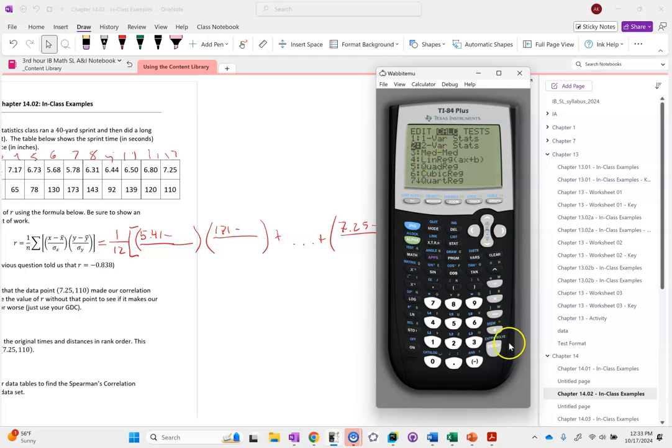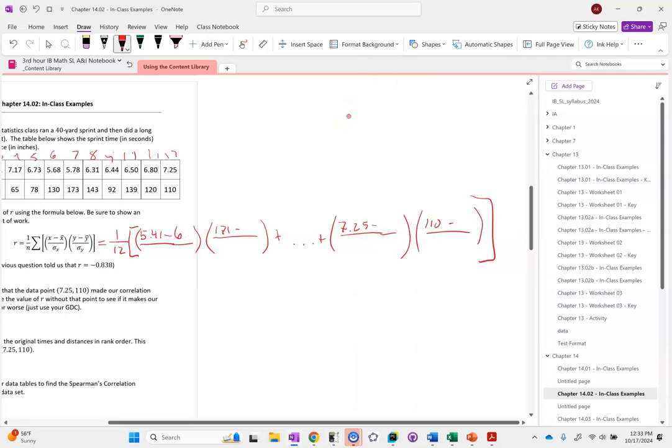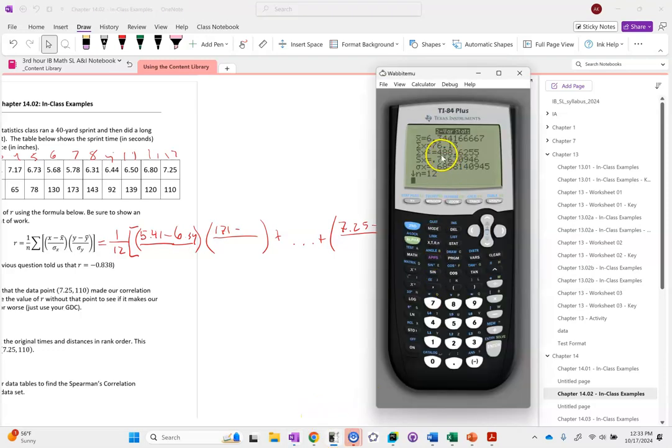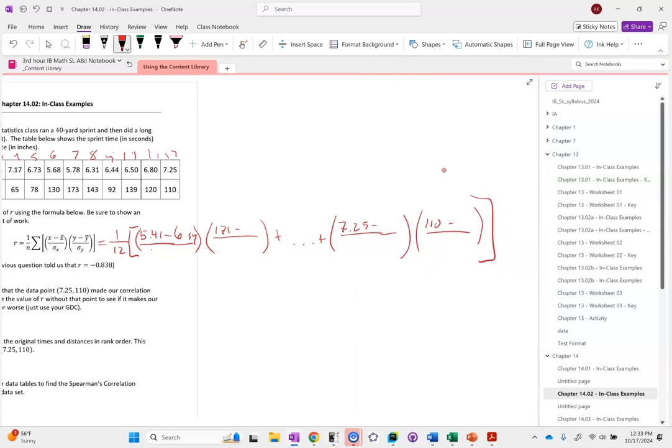I'm going to pick two variable statistics using L5 and L6, which is where I put my data. So my x mean is 6.34. My Sx is 0.686.